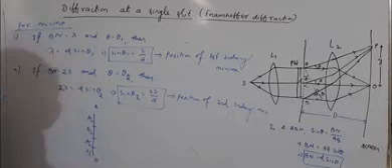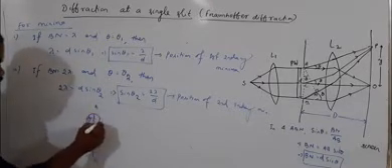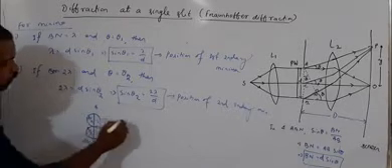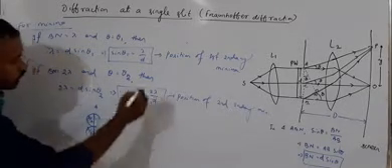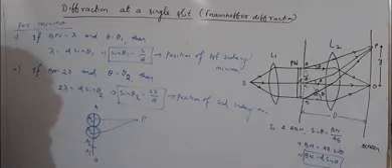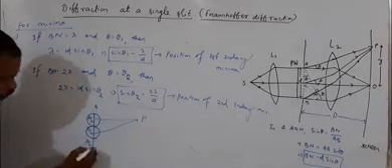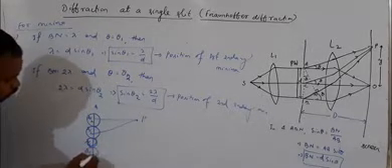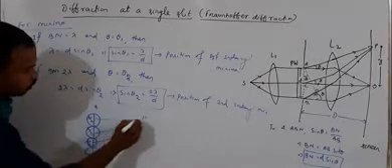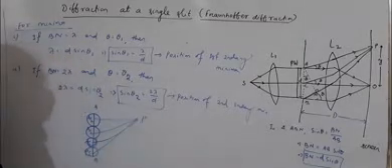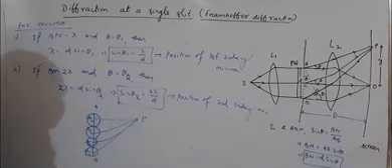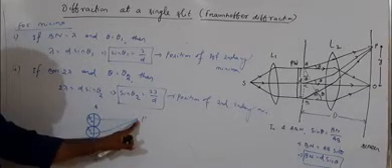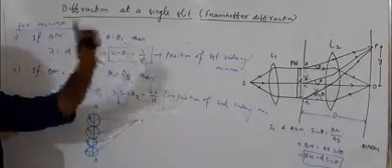For any point on the upper half, there must be a point in the next half, so that light from these two points reaches point P with a path difference of lambda by 2. Similarly, for this part there is a point and a corresponding point in the lower half. They will also meet at the point with a path difference of lambda by 2. That means light from all parts can meet at point P with lambda by 2 path difference. So we are getting a minima there.